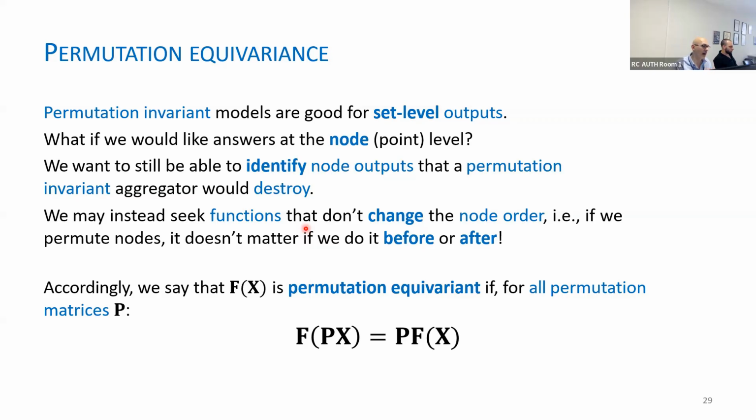Because if we work at the global level, we would like an operator, a descriptor, which is independent from the order of the points. But if we want an answer which is given at the node level, suppose a network that should segment a set of points, in that case we need an answer at the point, at the node level.